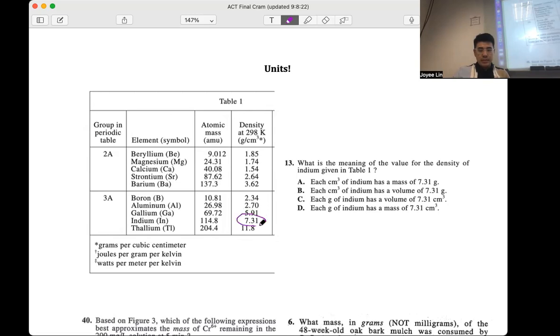Indium density, 7.31 grams per centimeter cubed, right? If we don't write anything here, it's implied 1, right? Each gram. No, not that one. Each centimeter. Yeah.